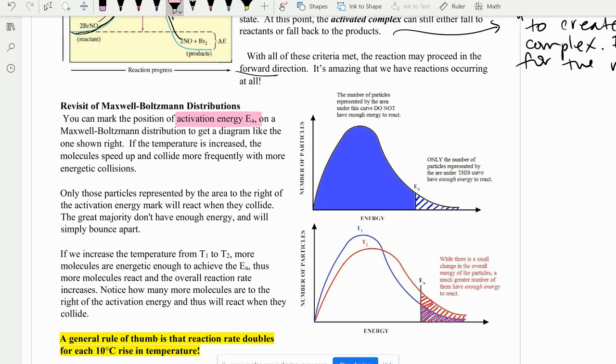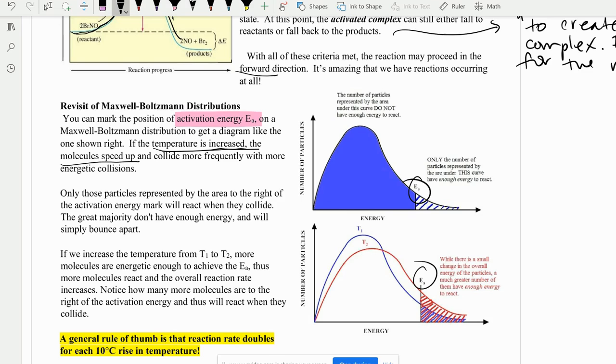What you're going to see on the right-hand side is, I'll circle on both charts, where they have designated the activation energy. At that particular energy is when the reactants have been able to successfully create that activated complex or that transitional state for the reaction to proceed. Now, if you increase the temperature, so I'm back over here on the left-hand side, the molecules are going to speed up.